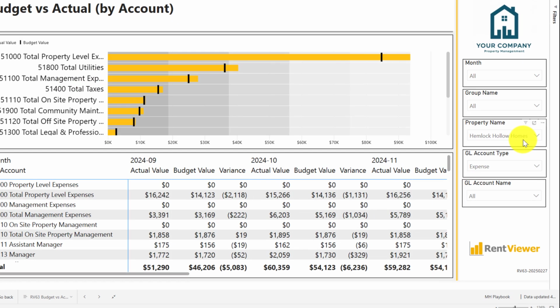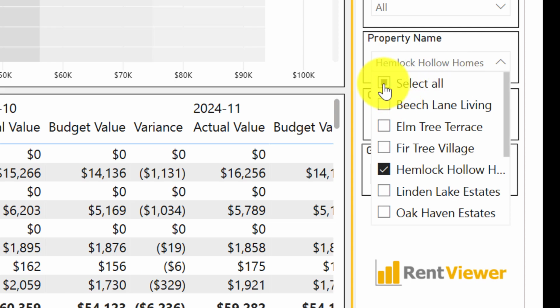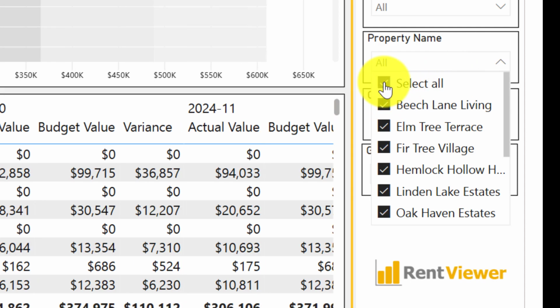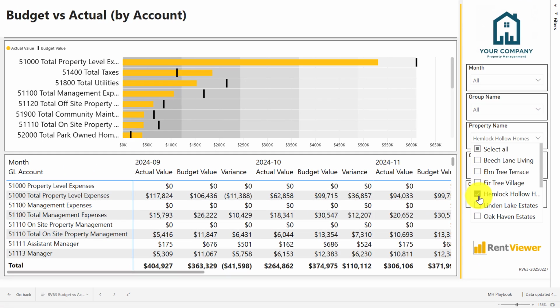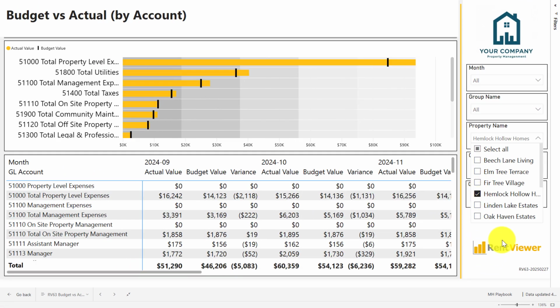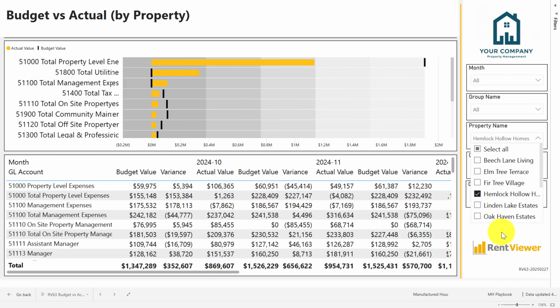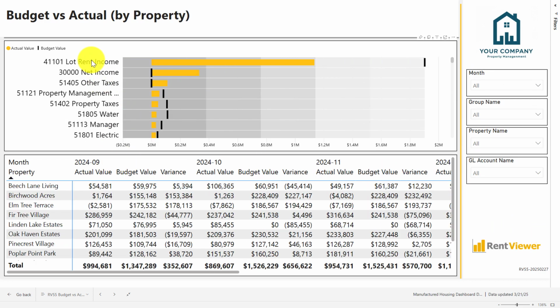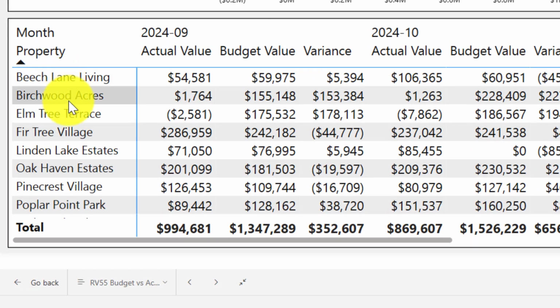So here too, I'm focusing on one particular property, and I can look at the overall portfolio as well and focus on the items that I want to pay attention to. This visualization is very similar to what we were just looking at, but over here I can see the individual properties that might be driving the variance and identify the ones that are causing the overall portfolio budget variance.